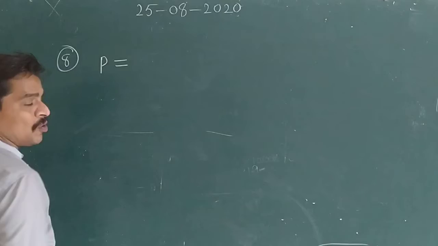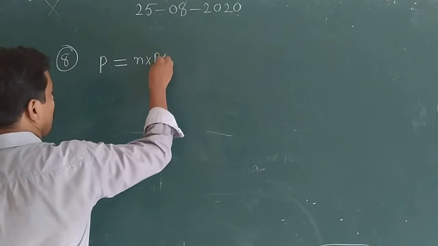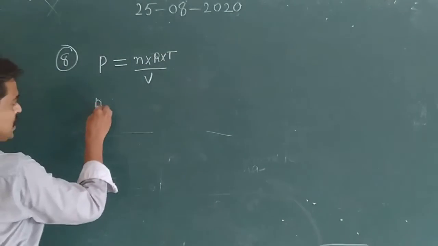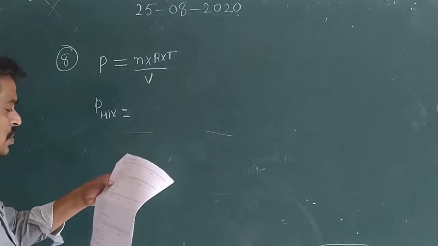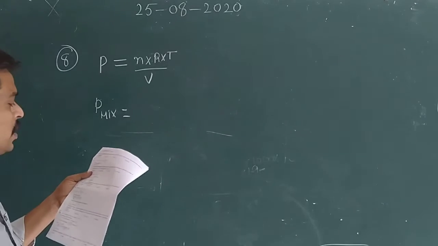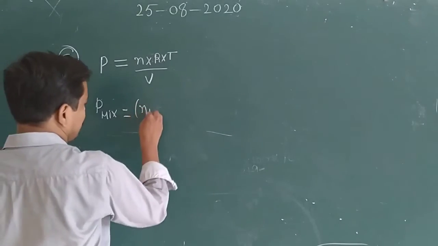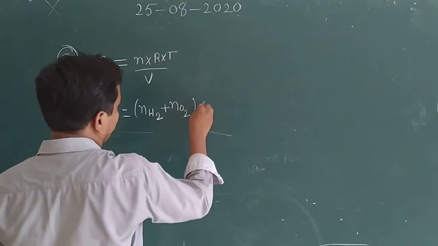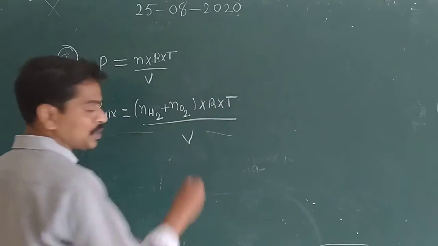You know that PV is equal to nRT, so P is equal to n into RT by V. Pressure of the mixture is n of the mixture, since he is mixing 8 grams of dioxygen and 4 grams of dihydrogen. Means n of H2 plus n of O2 into R into T by V.